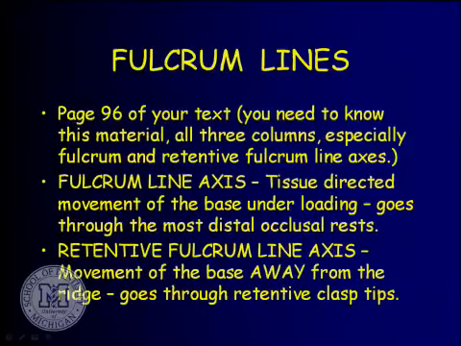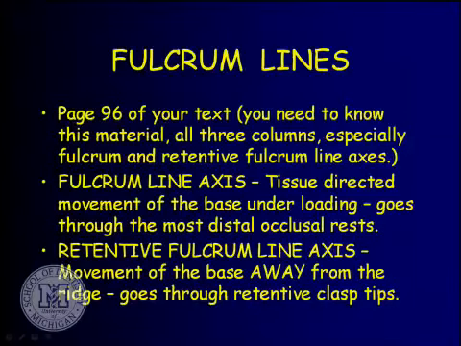There's also another fulcrum line, the retentive fulcrum line, meaning if you eat sticky foods, or when you're opening your mouth and something's sticking to the distal extension aspect of the partial, trying to pull the partial denture away from the tissue. That fulcrum line is typically going to pass through the retentive tips of the clasps. If you have a clasp on either side of the arch, the part of the partial denture that resists movement that would lift it out of the mouth is the clasps.